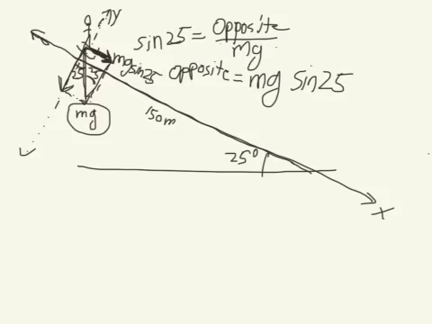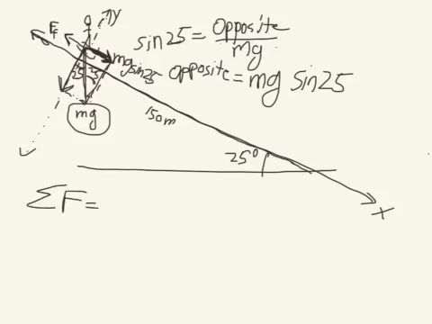But that is not the only force acting on me, oh no. There's also the force of friction, because there is some friction between my skis and the snow, and that is acting in that direction, opposing the motion. So that's Ff, the force of friction. We need to figure out what that is so we can find the sum of all forces on me.